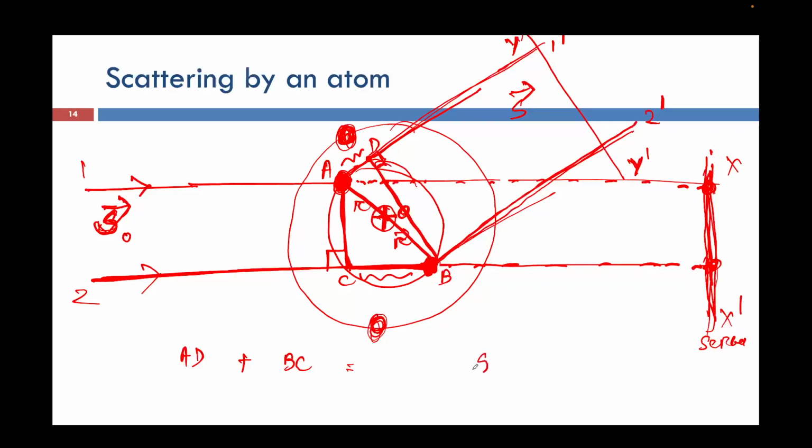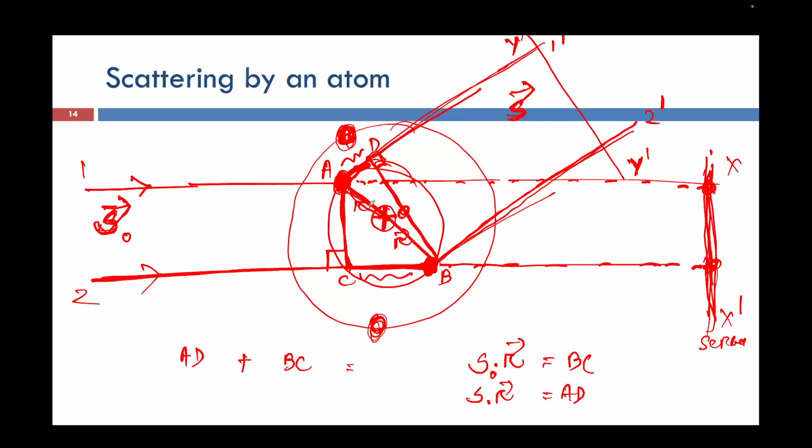So I can calculate the path difference for BC as S naught, let's say, R. So BC value will be S naught dot R. Similarly, for the AD value, the unit vector will be S, and the position vector will also be R. So AD will be S into R, and these are all dot products, okay?